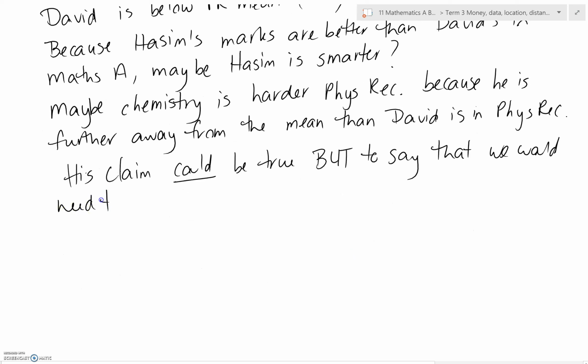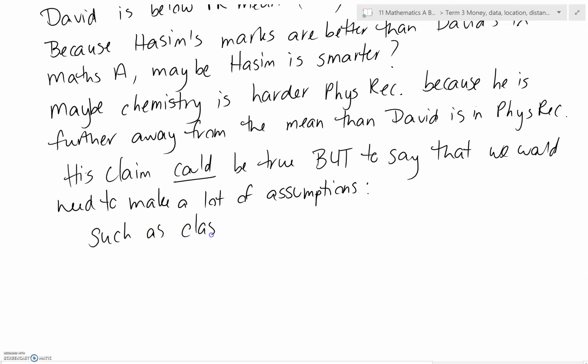And the types of assumptions we would have to make could be such as the classes being tested are of a similar ability level.